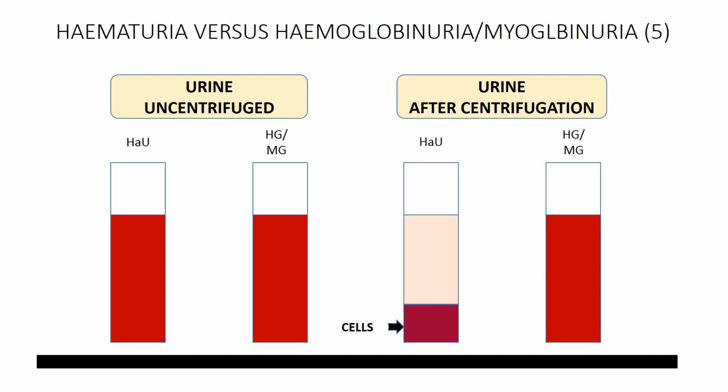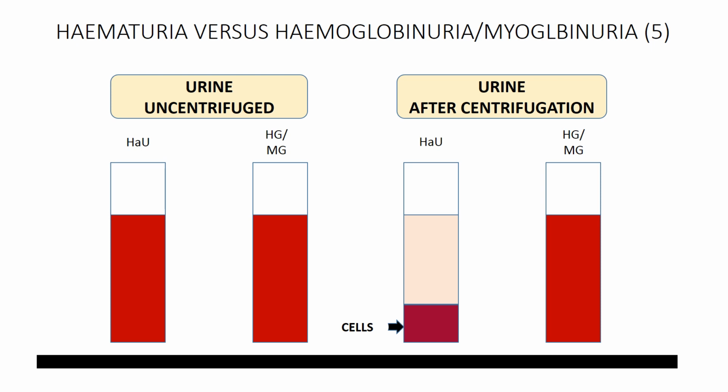One contains urine that has true hematuria, so there's blood in that urine. And the second sample will be a urine specimen containing free hemoglobin, so hemoglobinuria or free myoglobin.